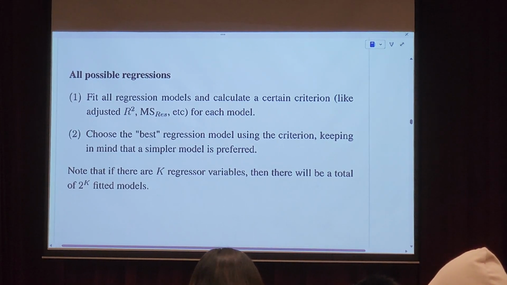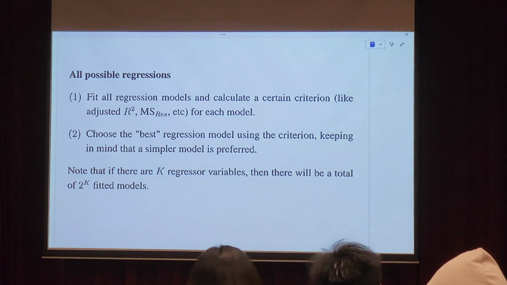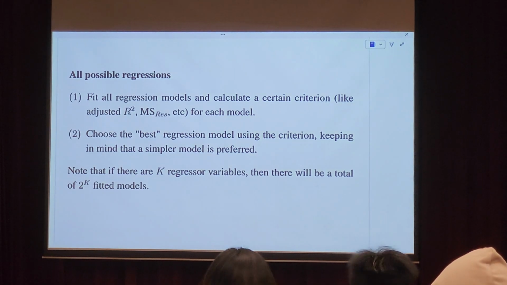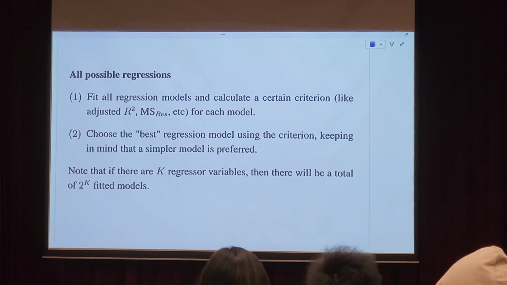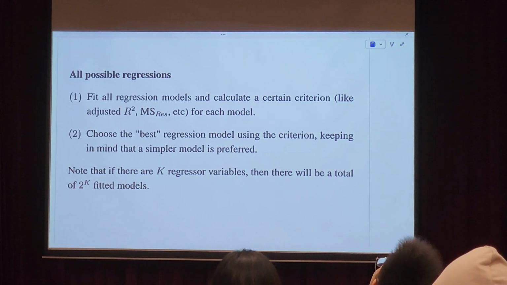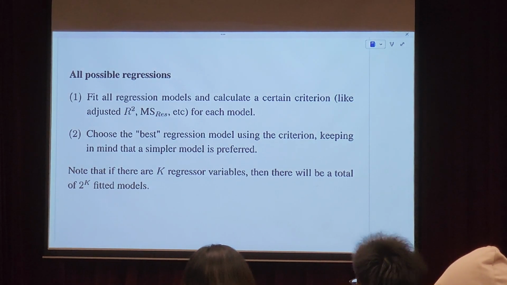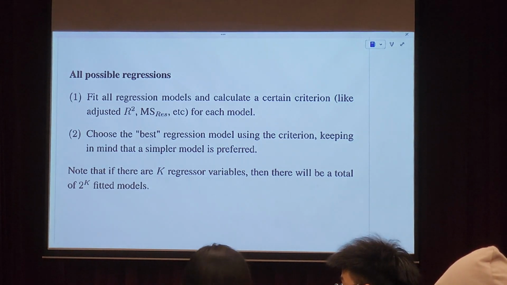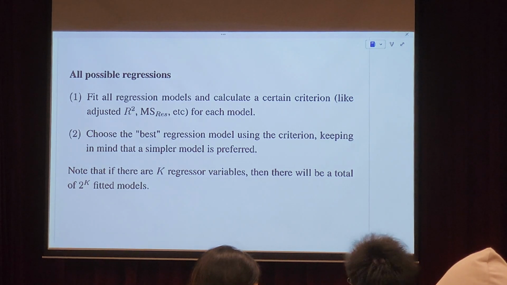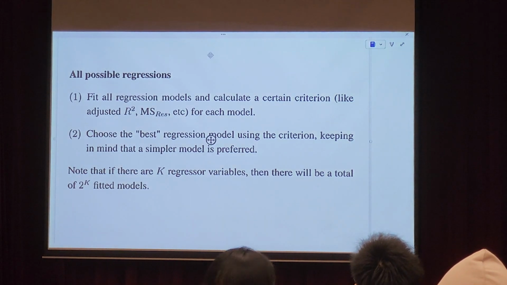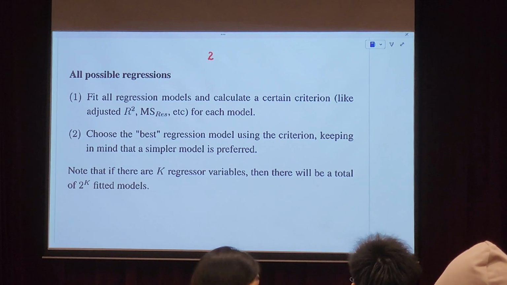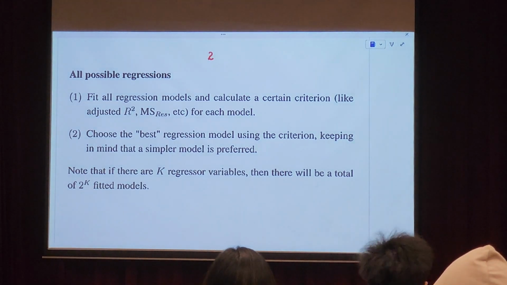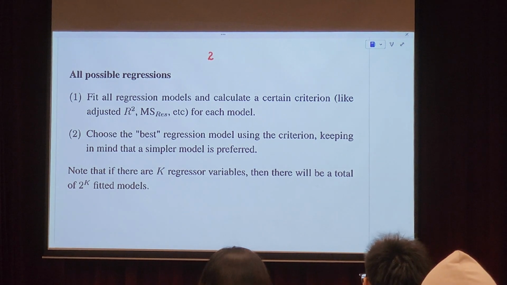So now, I'm going to talk about the first approach to select a model. This approach is called all possible regressions. All possible regressions simply means what? If you have, let's say, 2 regressors, well, you fit all possible models.